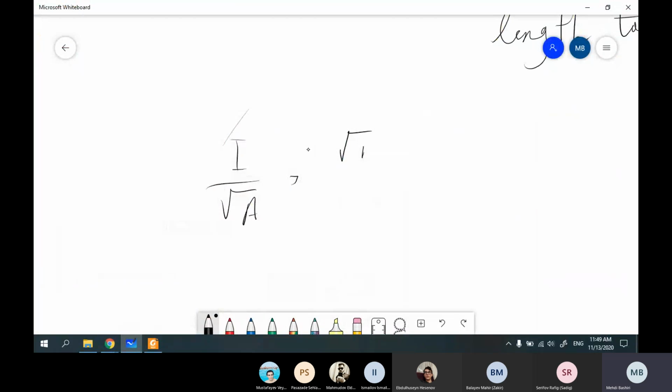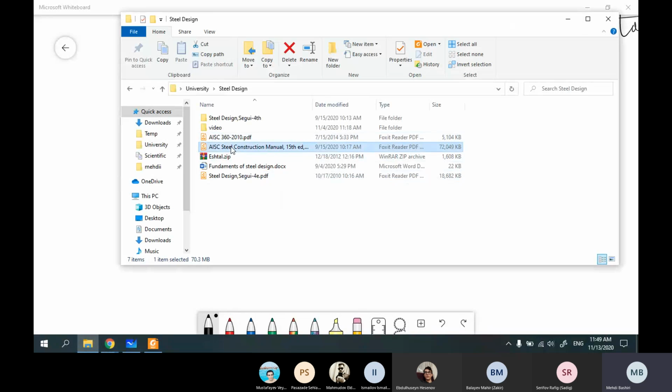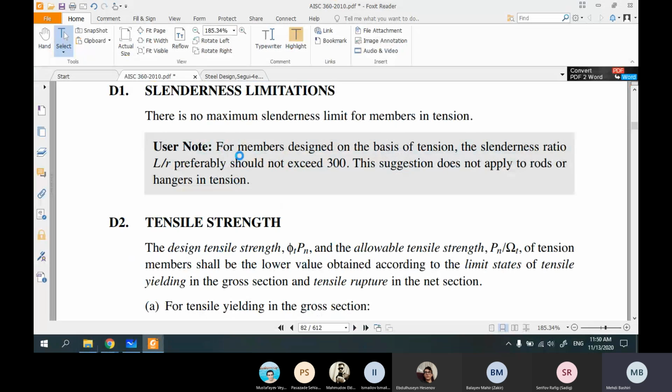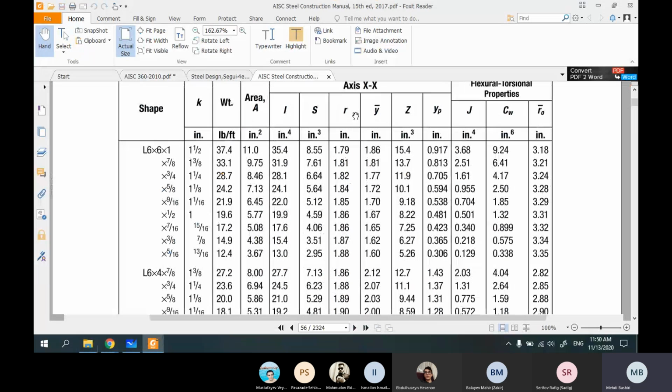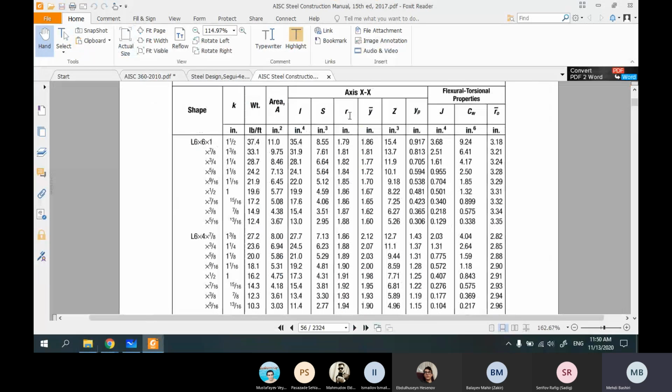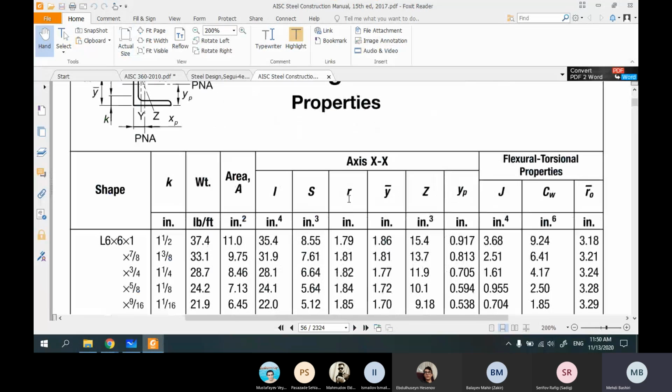I over A. Radius of gyration is I over A. But there is no need to find this ratio. If you check this manual, in the R column, I explained this table and this manual, I think. Here, R. R is radius of gyration.